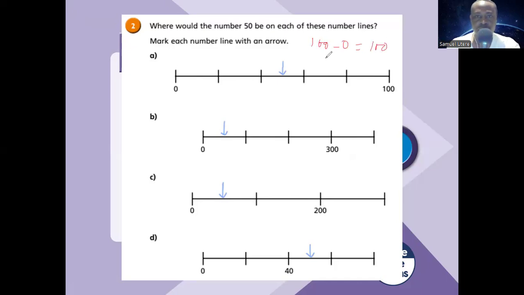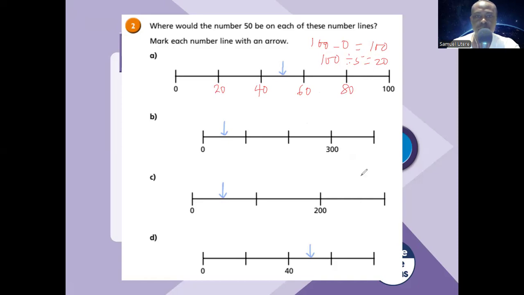This is 100. To find out what each interval is worth, we'll do 100 divided by 5. So each is worth 20. So we can use that information to complete our number line, which gives us this. Now we know 50 should be halfway between 40 and 60, so that is in the correct position.